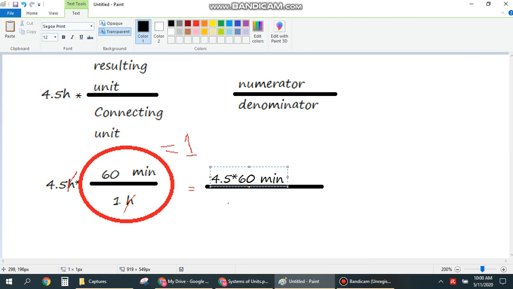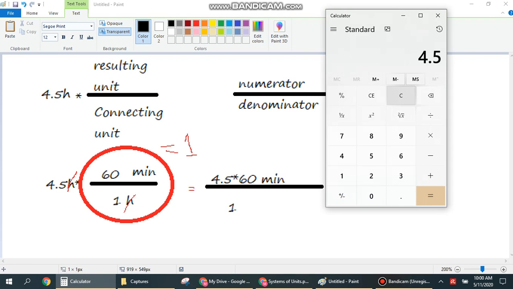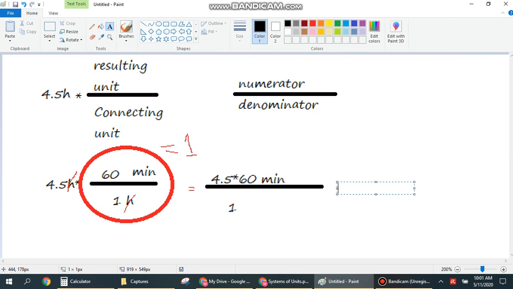At the bottom, I have only 1 left because I have nothing here to multiply with. So we have 4.5 times 60, and I'm going to pull up a calculator. On every computer you have it. So it's going to be 270 minutes.